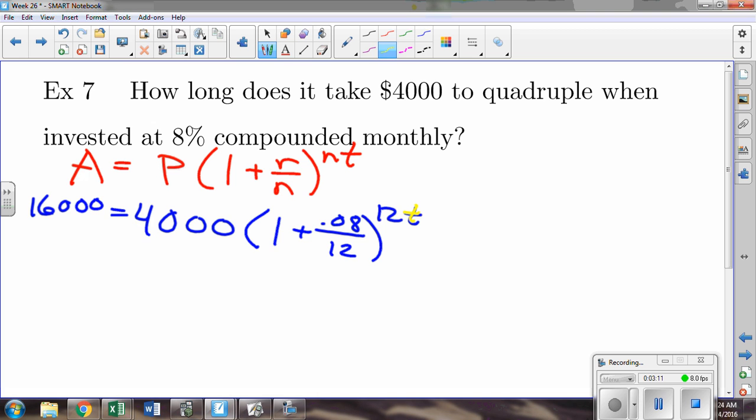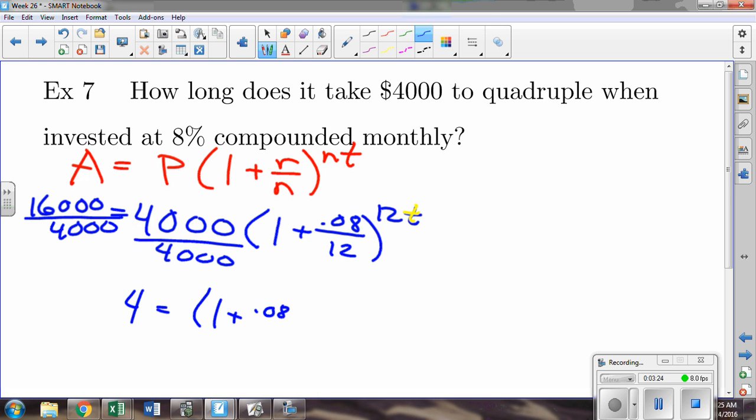Before we get there, though, I'm going to divide by the 4,000, which would have told us 4 for the quadrupled value. And then we have the next part of our equation. Now what?